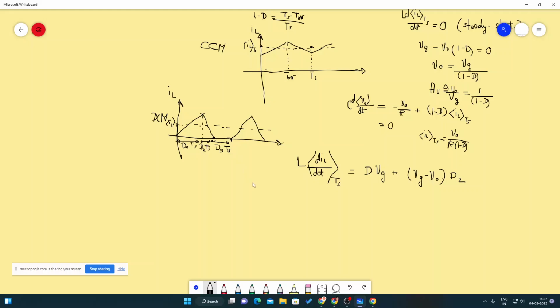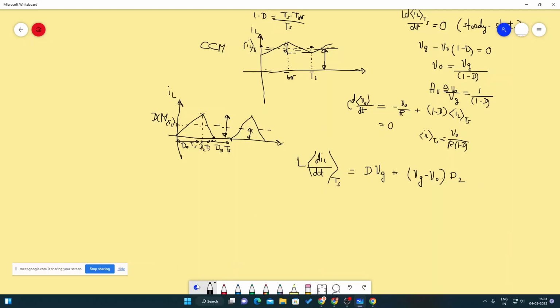Any doubt? Please ask if you are facing any doubt. In the earlier case, the peak to peak ripple is small compared to the average value, which is quite large. But here the peak to peak is this and the average is this, so it's almost comparable. Okay, so how do we write the expression for this?